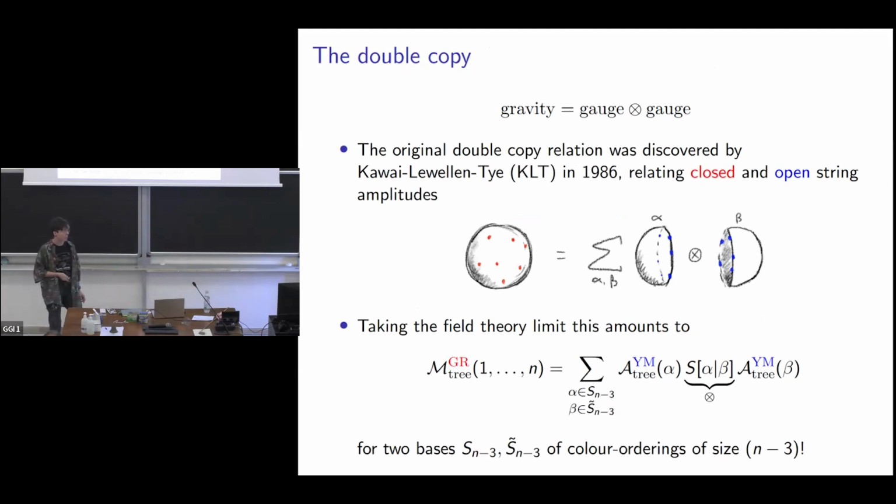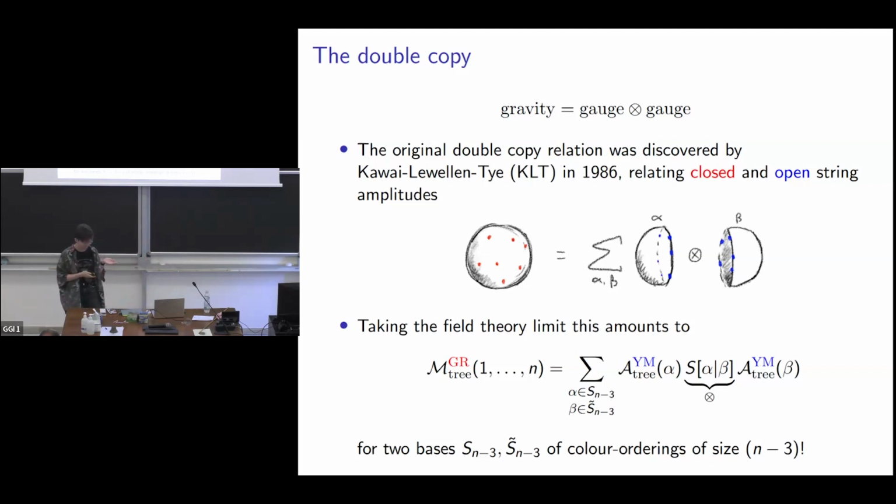So the double copy, I'll just be talking about the KLT double copy, but there's a lot of different variants at this point. The KLT double copy was the first one, and it was discovered in 1986 and relates closed and open string amplitudes by gluing together open string amplitudes using monodromy relations into closed string amplitudes.